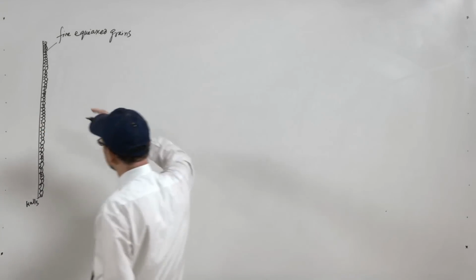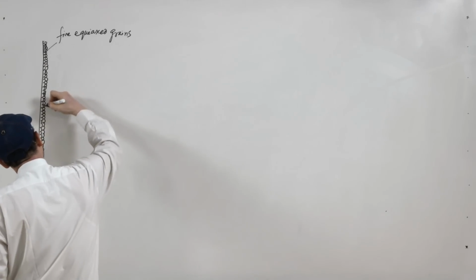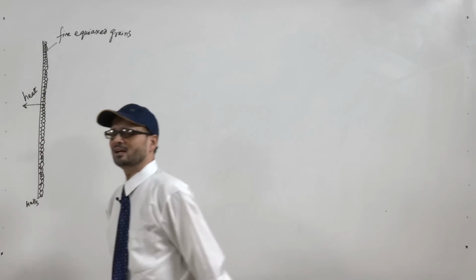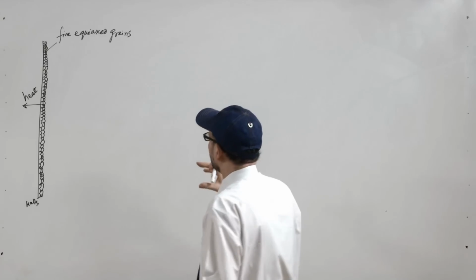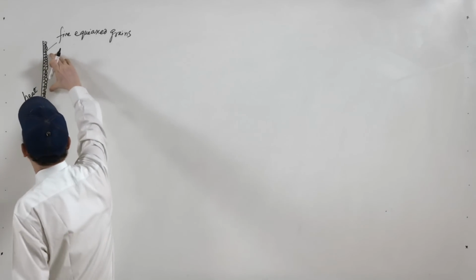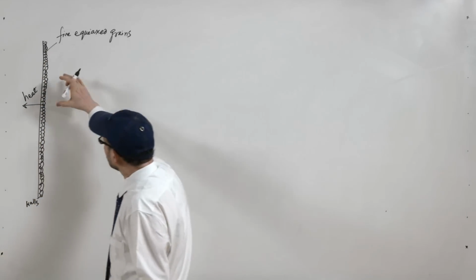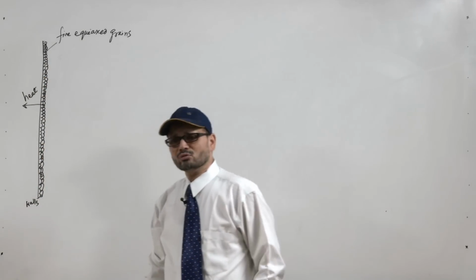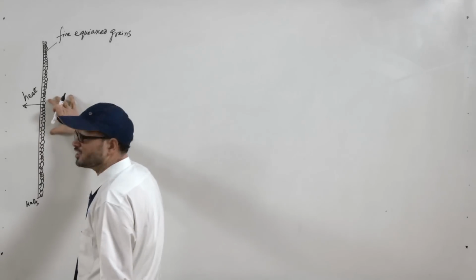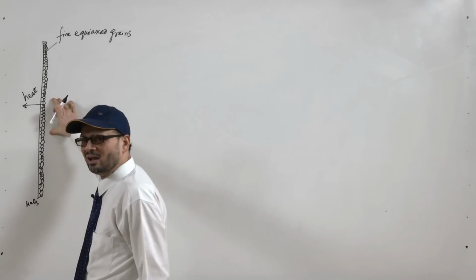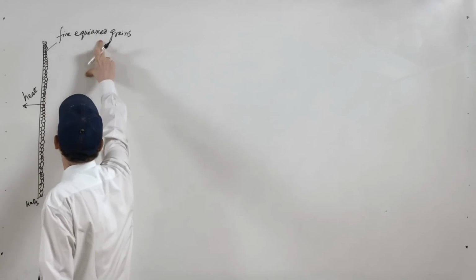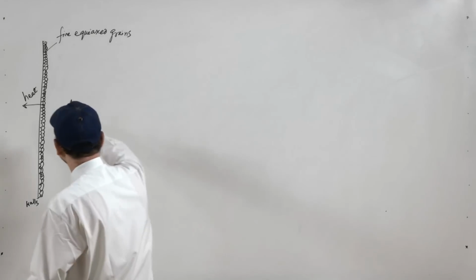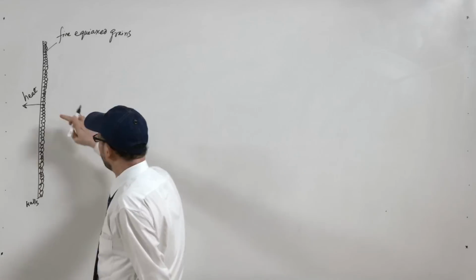Now, from this mold wall the heat is extracted, in this direction. As we have already discussed, because of the larger degree of undercooling experienced at the mold wall, the nucleation rate is maximum at the mold wall, and you get a fine equiaxed grain structure on the mold wall. Heat is extracted in the opposite direction.